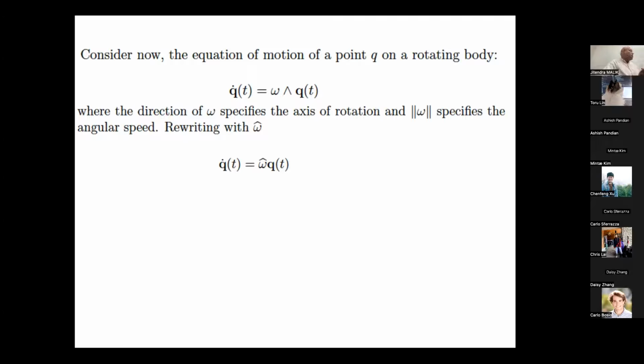And now this equation, Q dot equals omega hat Q. This guy is a 3 by 3 matrix. And this is a 3 by 1 vector. And this is also a 3 by 1 vector. Okay.